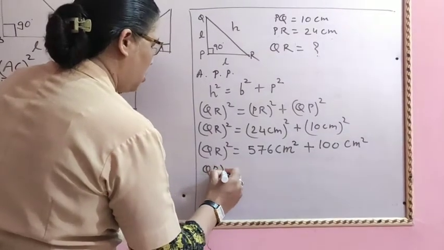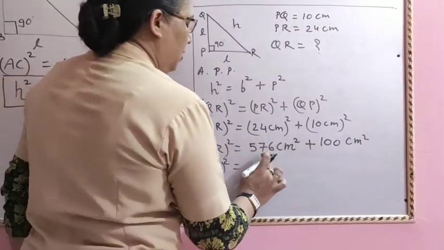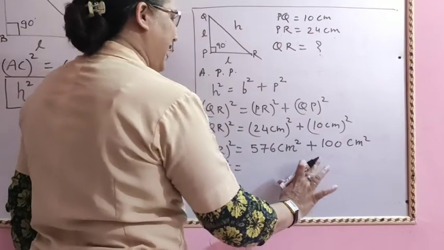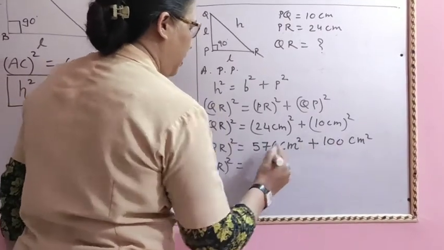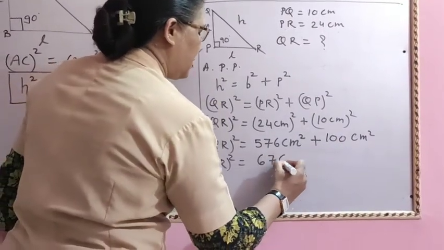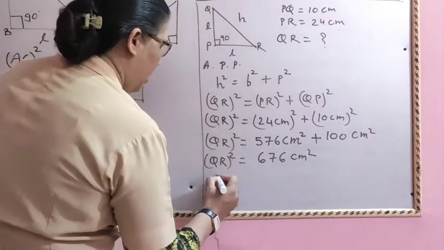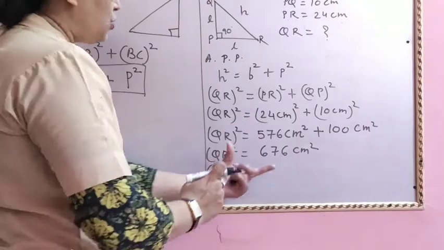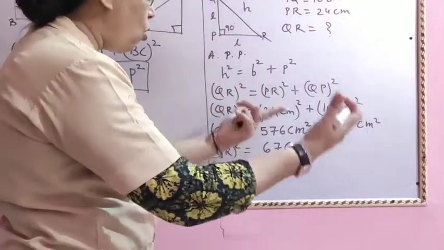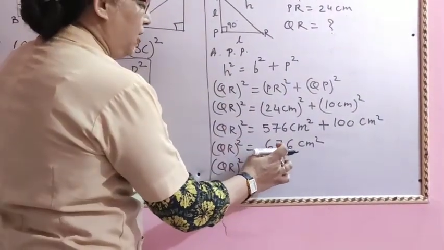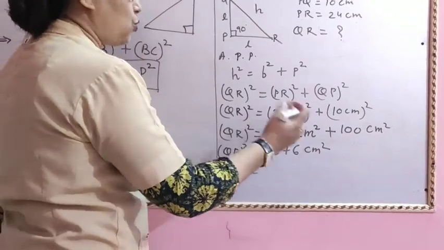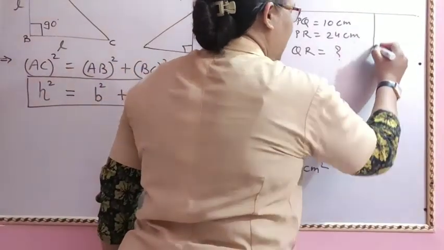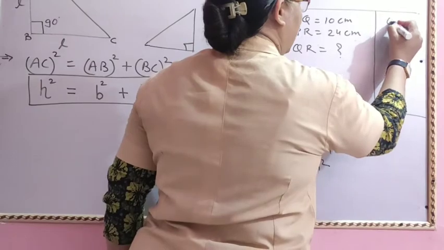Now QR square equals, both are in centimeter square so we can add 576 and 100, it becomes 676 centimeter square. Now QR square, we have to write this number as a whole square. So we have to find 676 is the square of which number.